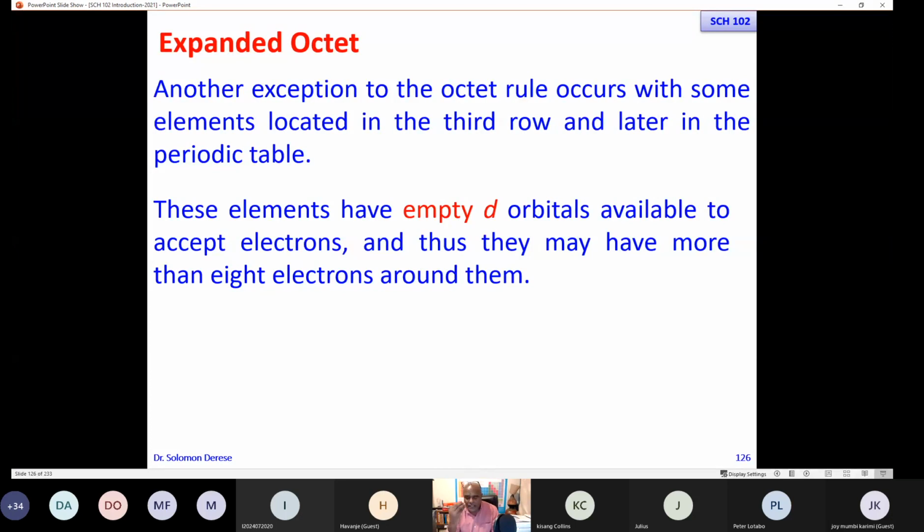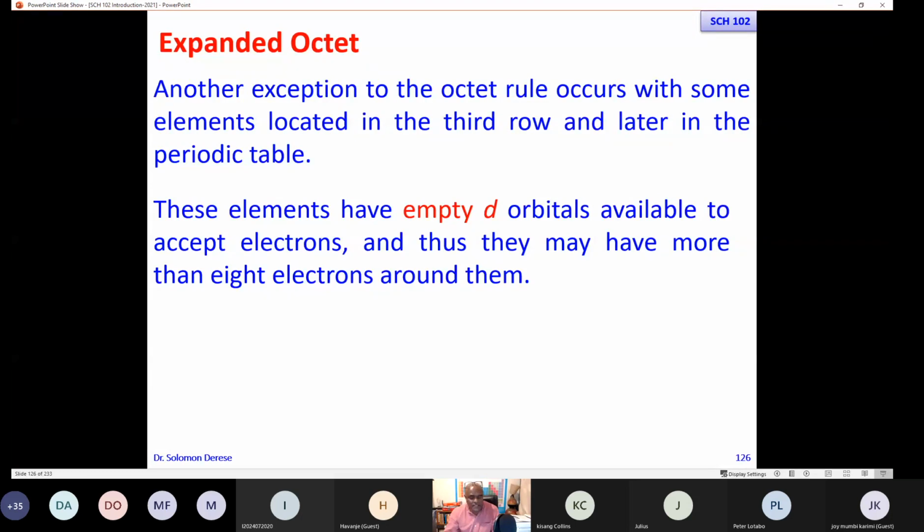As a result, in an element like sulfur, you can have more than 8 electrons once it has formed a particular compound. The same is true for phosphorus. Phosphorus in the periodic table is below nitrogen. Just like sulfur, in addition to the s and p subshells, it has the d subshell in its valence shell.